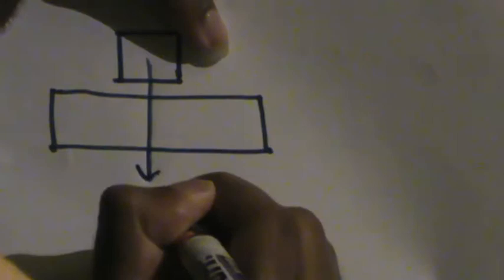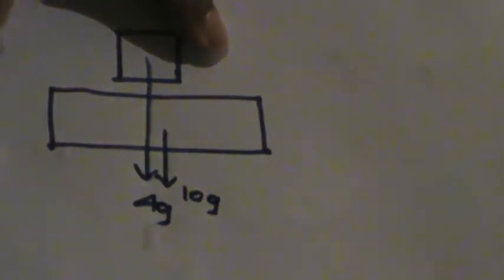I'll take the same masses and give the same force as before. These are the two masses. I will take this mass as 4 kilograms as before, this 4g, and this mass is 10g, and I will provide a force of 8 newtons here.